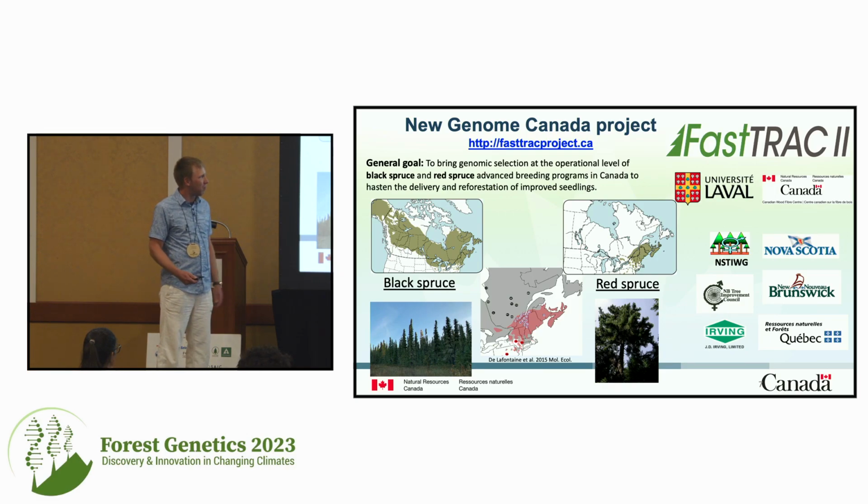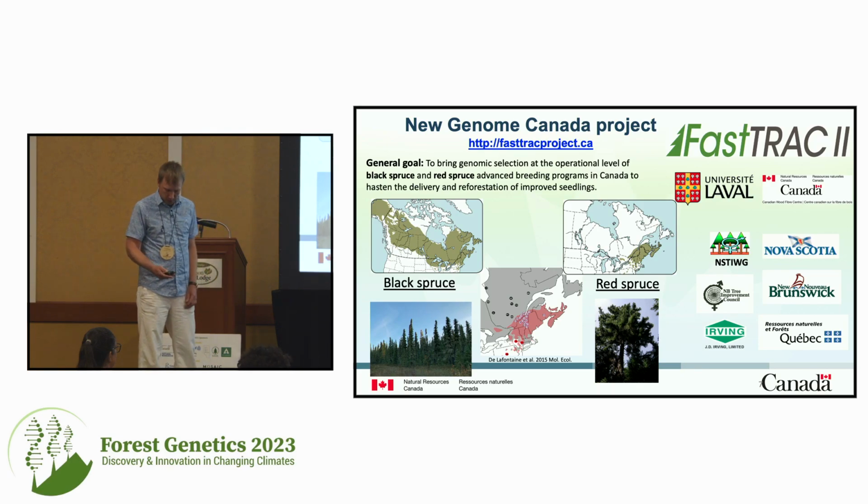And same with red spruce, especially in the maritime provinces. So what we are trying to do here is to work together with the provinces of Nova Scotia, New Brunswick, GDI here, and also natural resources in the province of Quebec. Jean Bousquet from Laval University and myself are leading this project, and I hope that next year or in 2 years I have more results on that.